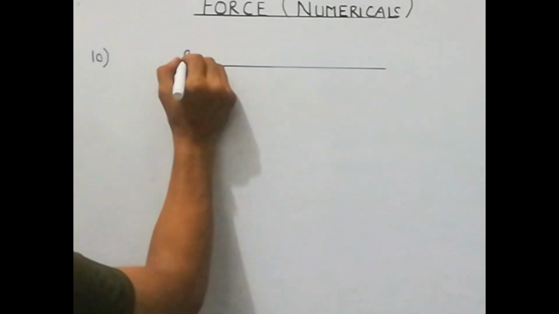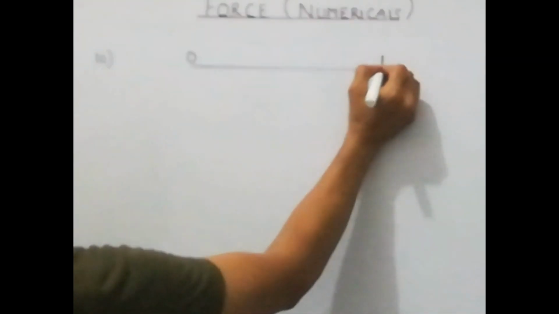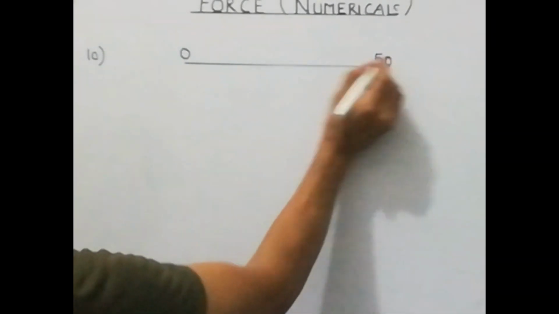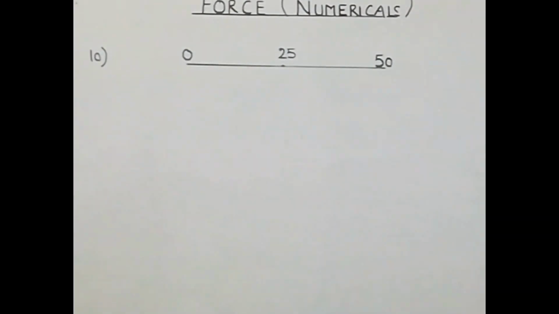So this end will be marked as 0, this one will be marked as 50, and the midpoint will be marked as 25. Now remember, if a scale is not pivoted at its midpoint, then at the midpoint you have to show the weight of the scale. So let's see where this scale is pivoted. A uniform meter rule can be balanced at the 29 centimeter mark.